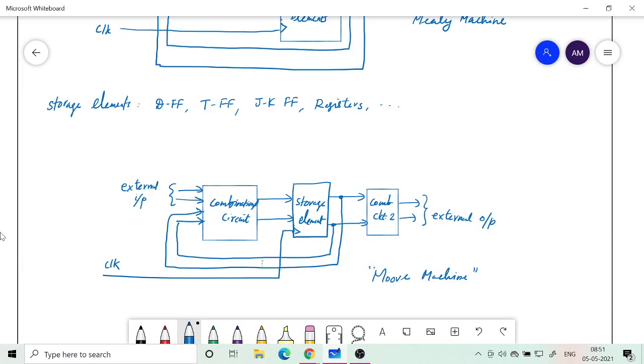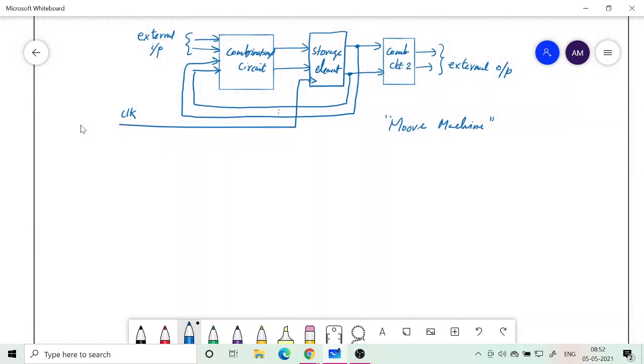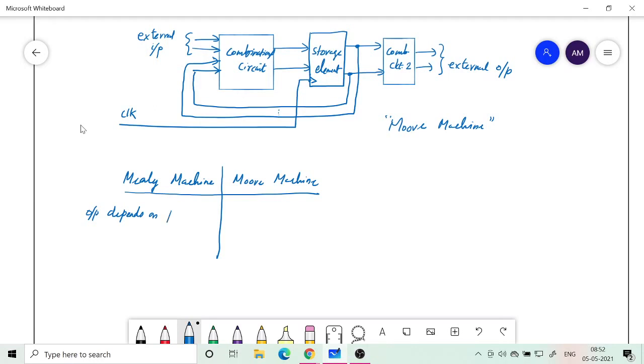So if I compare the Mealy machine and the Moore machine, both are sequential circuits. So the major difference, number one, is that in the Mealy machine the output depends on present and past inputs.